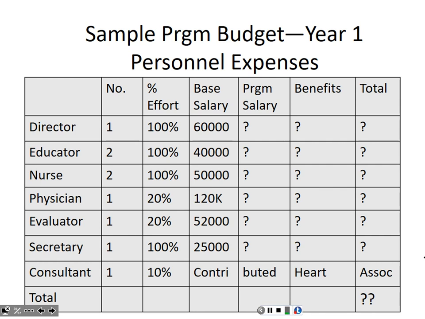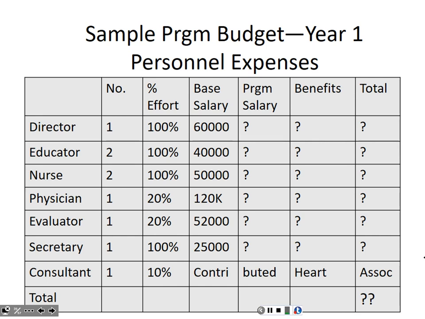The evaluator is going to be one of the public health professors at ETSU, because we want an independent evaluation, and she will allocate, again, 20% effort to conducting the evaluation of this program. A full-time secretary and a consultant whose time is contributed by one of our partners.